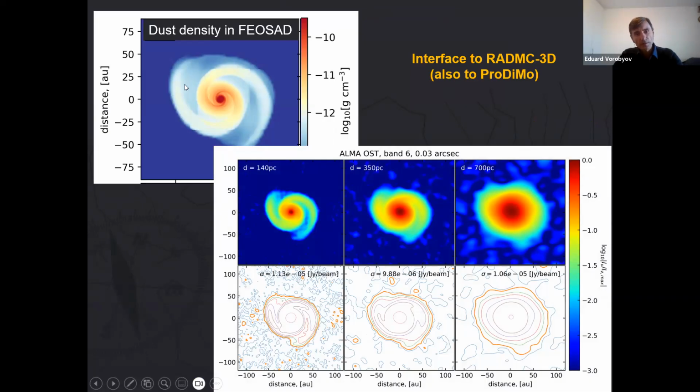This is the dust distribution in a simulated disk, and this is how we would see this disk if we employ ALMA band 6 at a resolution of 0.03 arcseconds at different distances. This is a synthetic image after CASA post-processing. You see spirals at 140 parsec, at a greater distance we still see them, but already at 700 parsecs they are not distinguishable at these sigma contours.